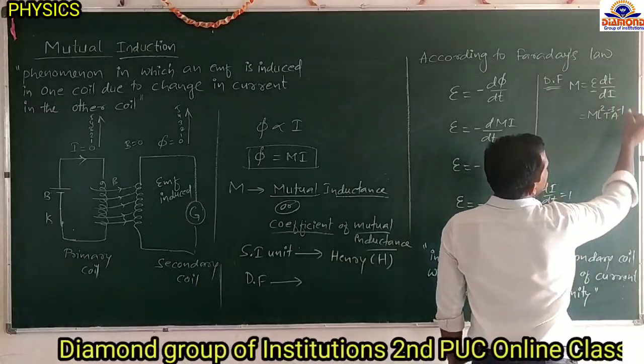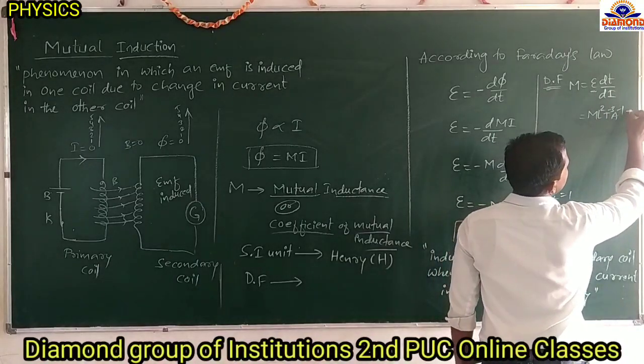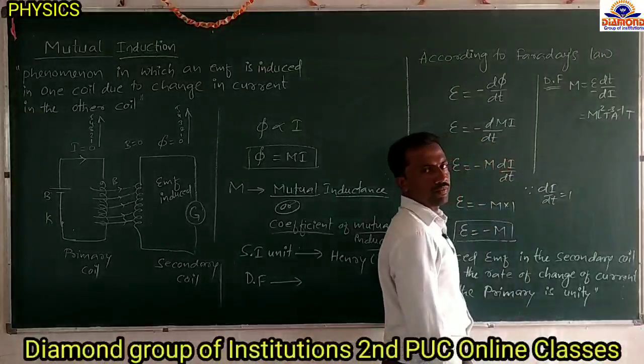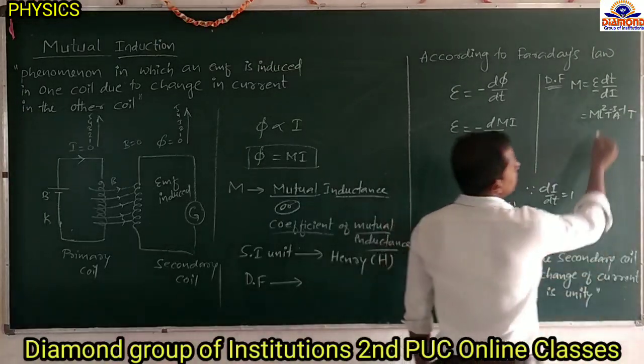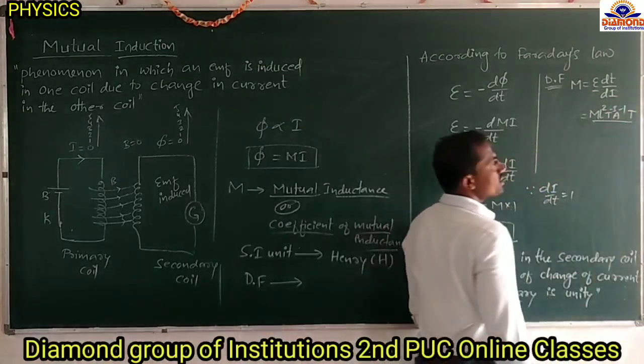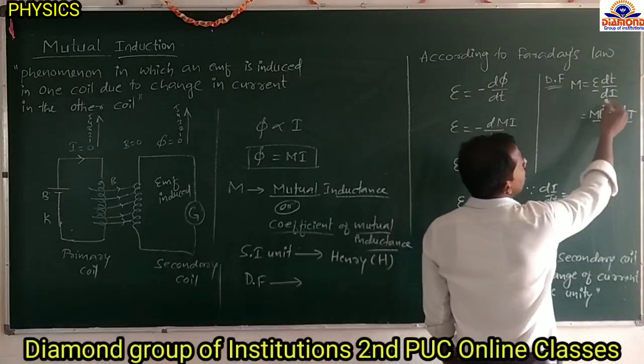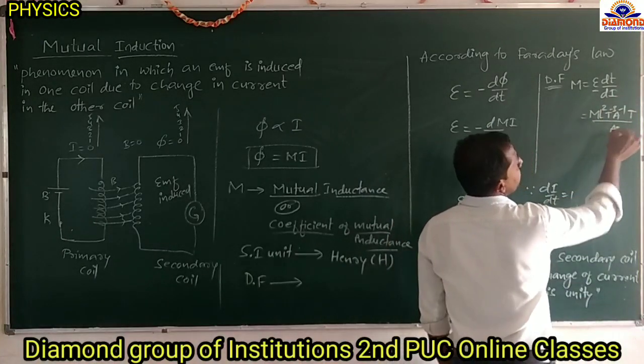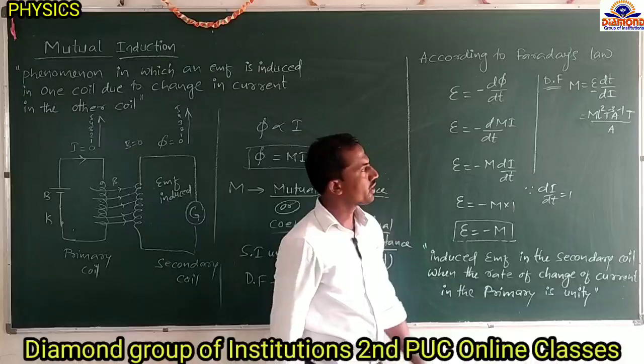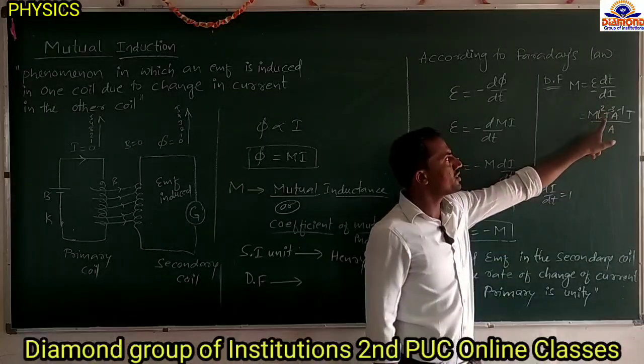dt: the dimensional formula of time is T. di means current; the dimensional formula of current is A. The dimensional formula of potential is this one.